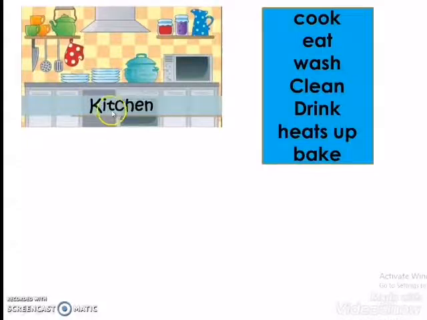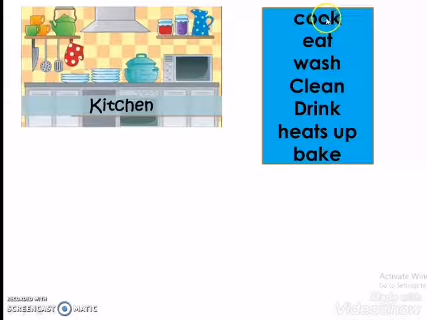This is a kitchen. Okay, let's talk. What do we do in the kitchen? Cook, eat, wash, clean, drink, heat up, and bake.